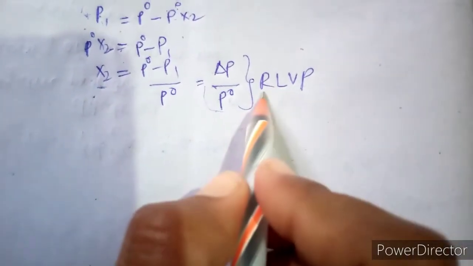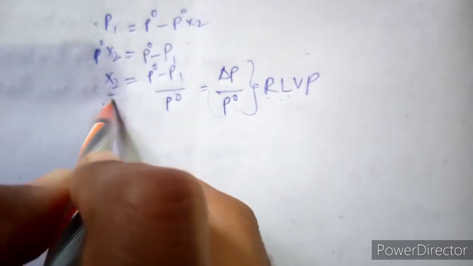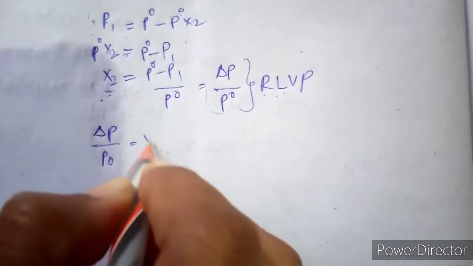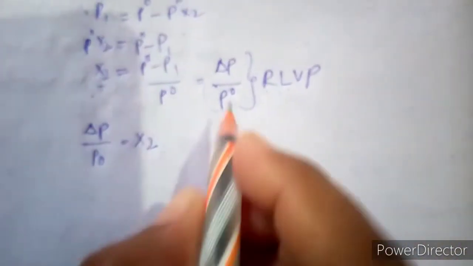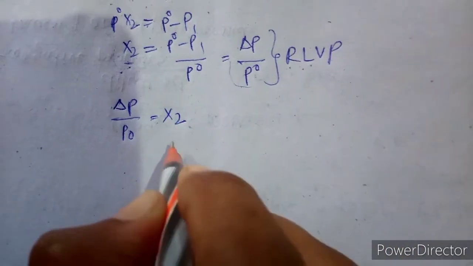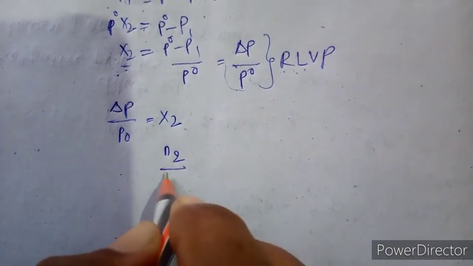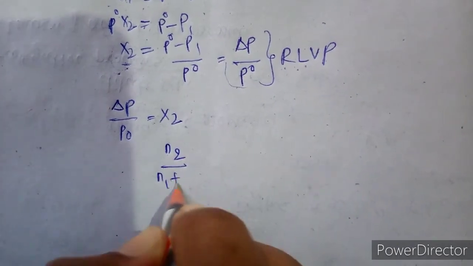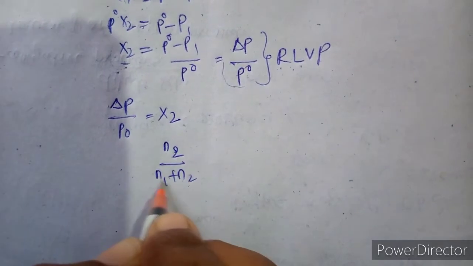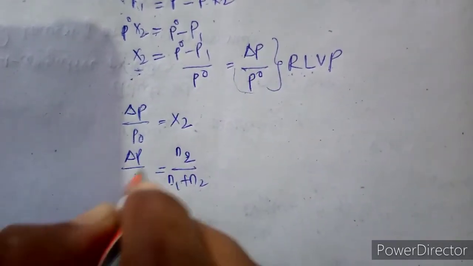So delta P by P0 is equal to X2, which is the moles of solute present in the solution by the total moles of solute plus solvent.